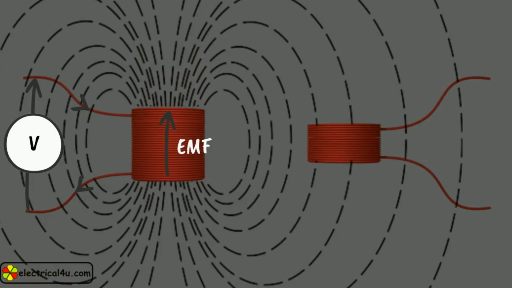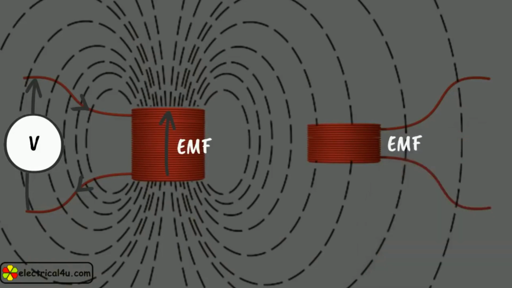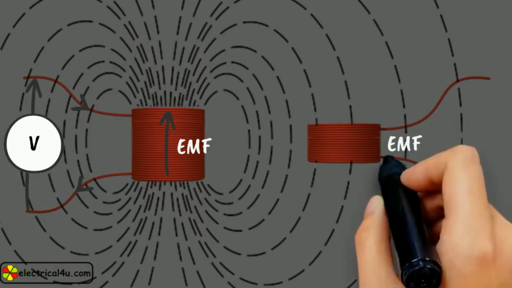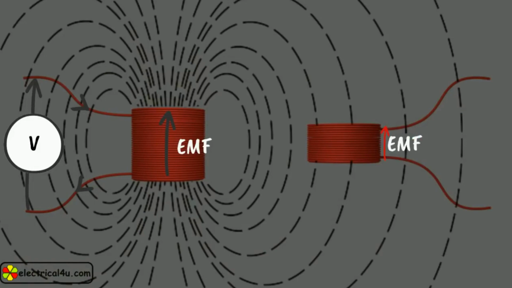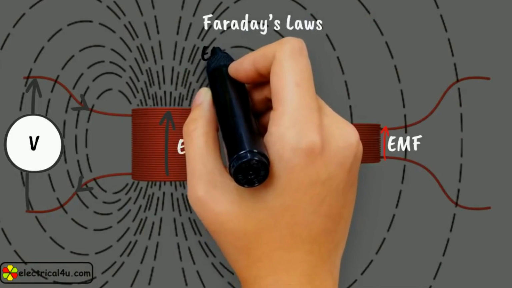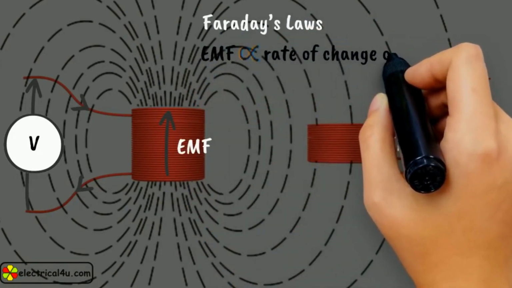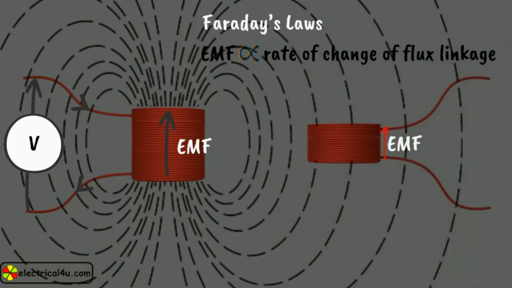Due to this varying flux linkage, there will also be an induced EMF across it. This induced EMF would be quite small because the flux linkage is small. Hence, the rate of change of flux linkage is also small, and according to Faraday's laws, induced EMF across a coil is directly proportional to the rate of change of flux linkage.